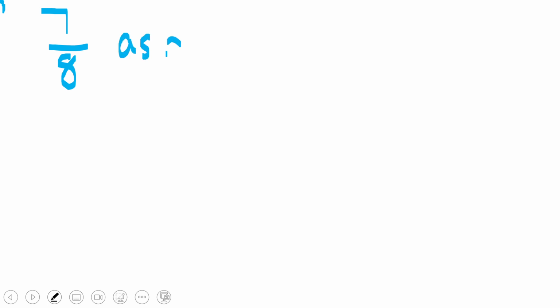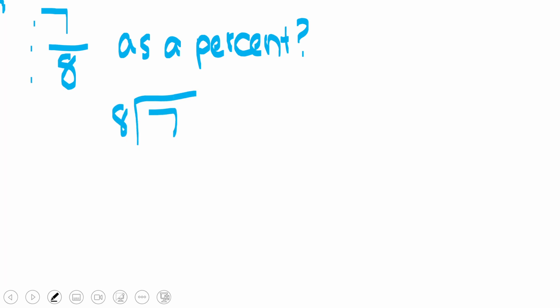All right, what if you're asked to express something that you have to work out from a fraction to a percent? Well, you have to do some division, okay? So this is 7 divided by 8. 7 in the house divided by 8. And add zeros past the decimal point. And we're going to have 8 into 70, 8 times 8 is 64.